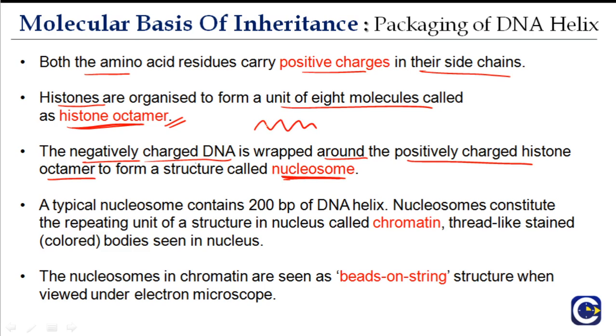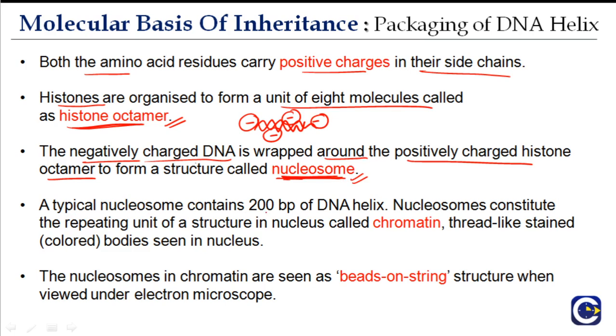So here is the DNA, and DNA is negatively charged, and the positively charged histones are bound to the DNA because they attract this negative charge. This is important: the structure of DNA and histone octamer is called a nucleosome.